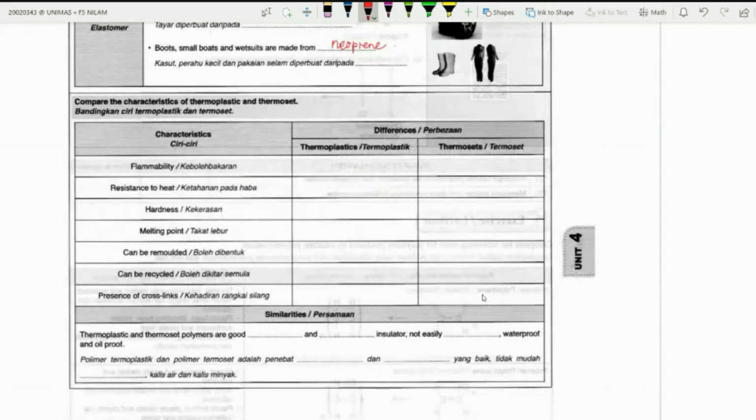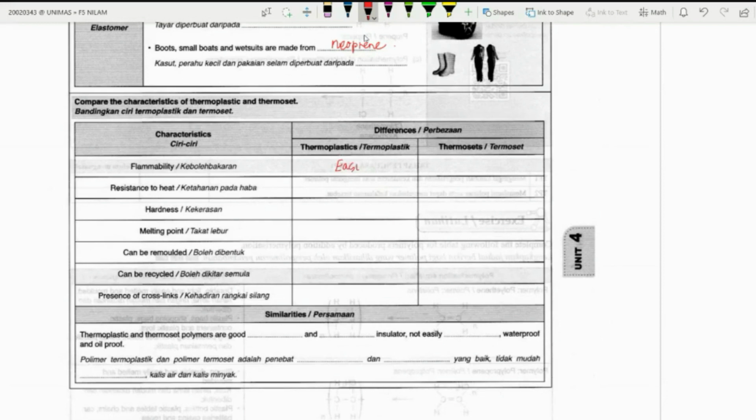Now we look into the comparison of characteristics of thermoplastic and thermoset. Let's see one by one. Flammability: flammable or not? Thermoplastic, what do you think, class? Easily flammable or difficult? Thermoplastic is very easy.